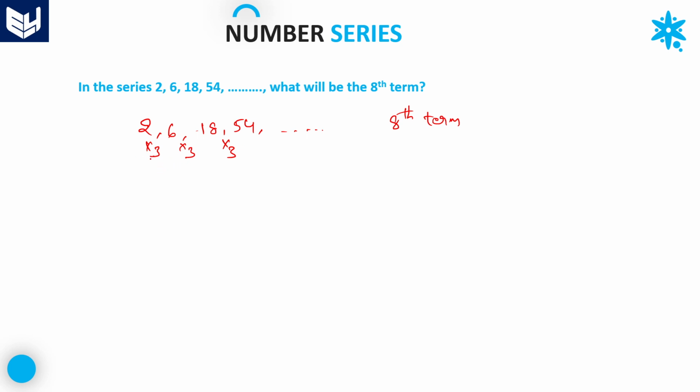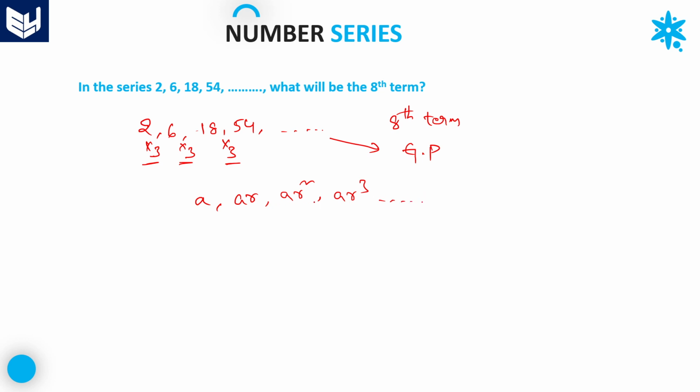Guys, whenever this multiplication number in a particular series is equal, then we can say that series is in geometric progression. According to geometric progression, the series is A, AR, AR square, AR cube and so on.